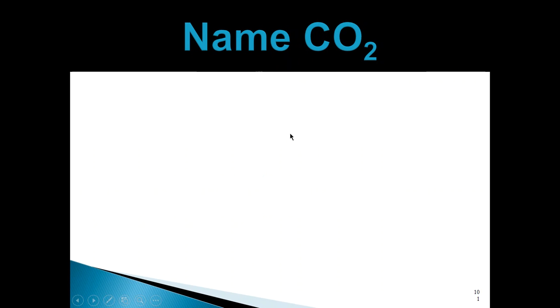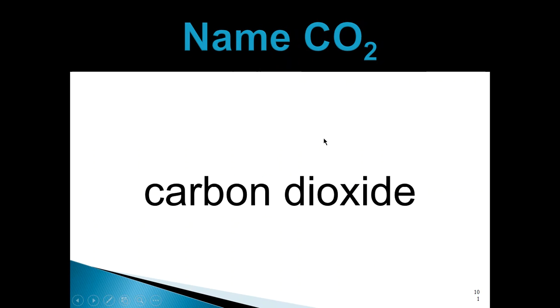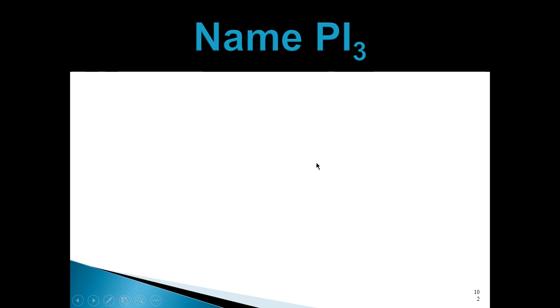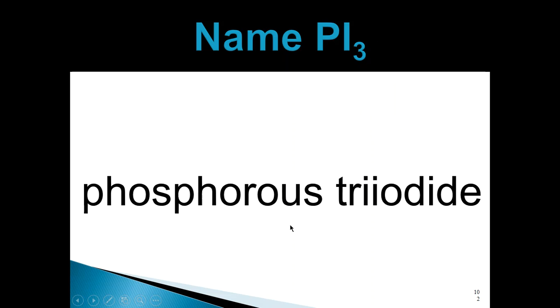And in this case, this one is called carbon dioxide, all right, because you have 2 oxygen atoms present per molecule. And here's the next one, PI3. No prefixes for the phosphorus. There are 3 iodines, so the prefix here would be tri. So the name of this compound is phosphorus triiodide.